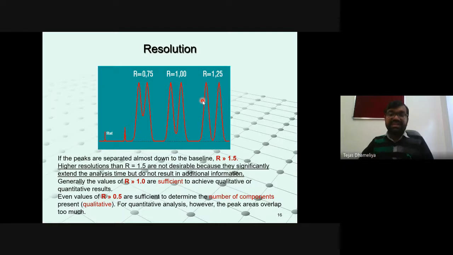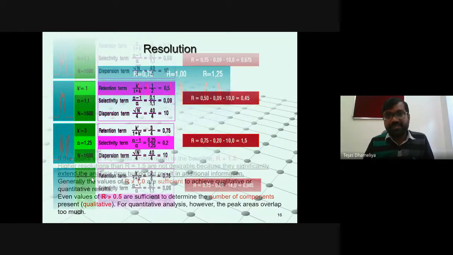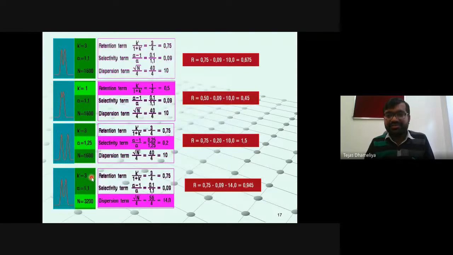And this is the capacity of an instrument to distinguish two points closer to each other, apart from each other. That is called resolution. If it is greater than 1, it is sufficient. If it is far greater than 1.5, that is not desirable because high resolution will extend the time of analysis. It will take more time.